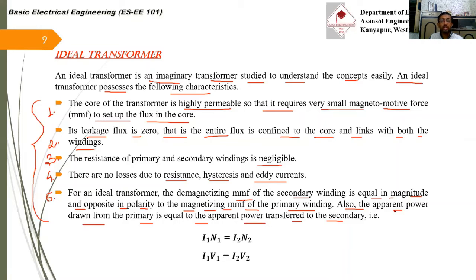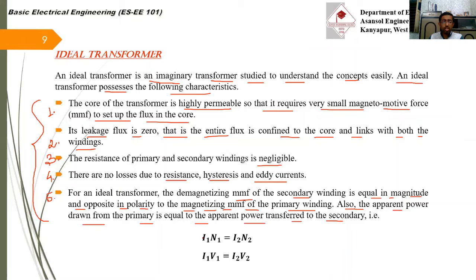There will be some losses. The losses are core losses consisting of hysteresis loss and eddy current loss. And also, since copper coils are used to make the turns, copper loss will be there. So whatever power we receive from a practical transformer is less than the primary side power.